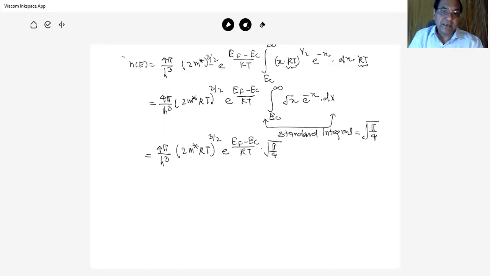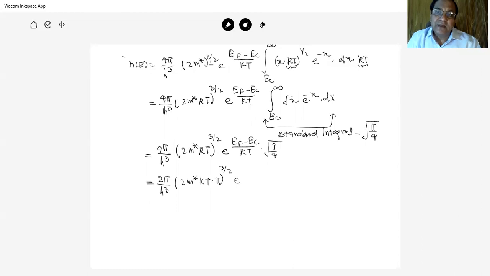And the expression is 2 pi upon h cube, (2 m star kT)^(3/2), and here it is pi and here it is root pi, so again this is pi to the power 3 by 2.